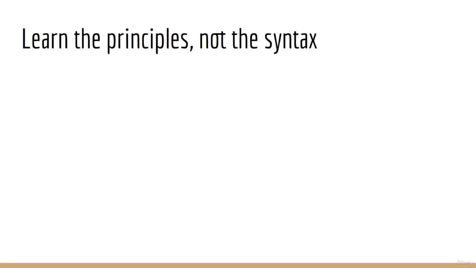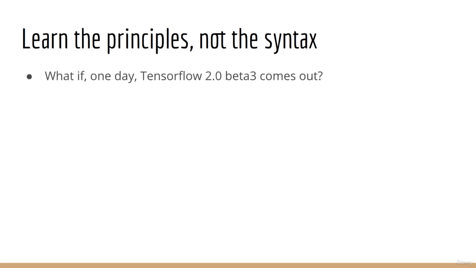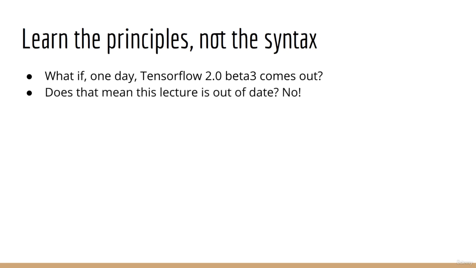Importantly, here you have to keep in mind one of my famous rules: learn the principles, not the syntax. This is very important here. Why do I say this? Well, inevitably, some lost soul will end up saying, why should I use this command when TensorFlow beta 3 is out? Doesn't this mean that the lecture is out of date? Shouldn't you update this lecture? And remember the rule, learn the principles, not the syntax.